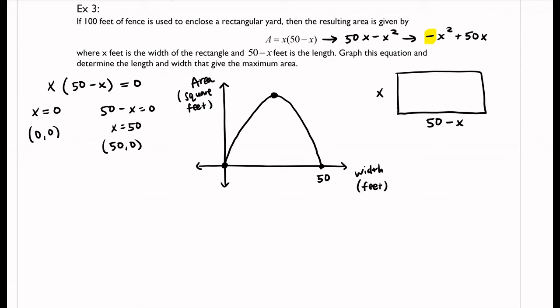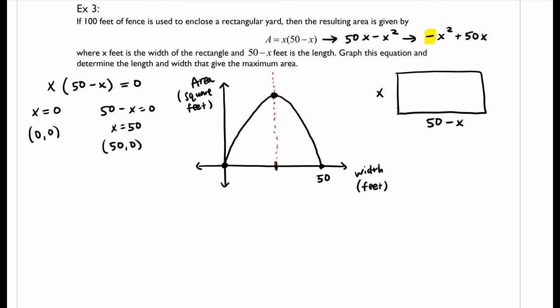And our goal is to figure out what width here is going to maximize the area. Now I'm going to let you in on a little secret. I told you before that, remember the vertex, if I drew a vertical line here, is called the axis of symmetry because if I folded it over at that line, it'll be the exact same image.